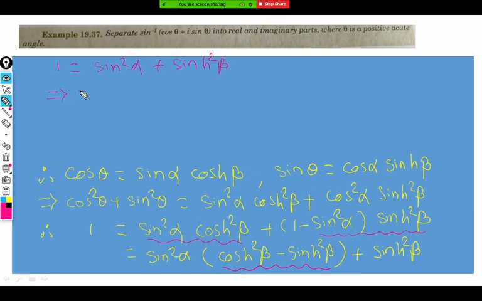So next it can be written as 1 minus sine square alpha equals sine h square beta. But 1 minus sine square is cos square. We're given some condition actually, where theta is a positive acute angle. That's only given. And we got here cos square alpha is equal to sine h square beta.